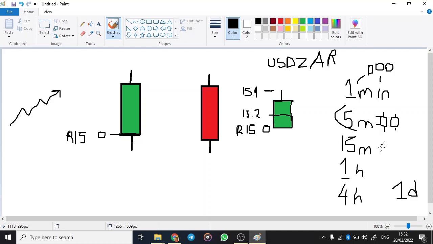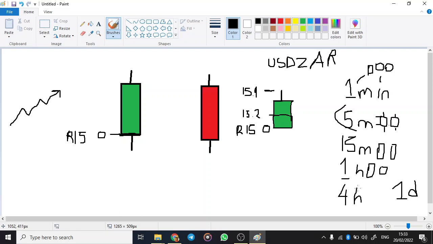Okay, and with the 15 minutes candlestick, this means that every 15 minutes we get a candlestick. After 15 minutes, a candlestick. 15 minutes later, a candlestick. For an hour, it takes an entire hour to create a candlestick. Another hour to create a candlestick. 4 hours.